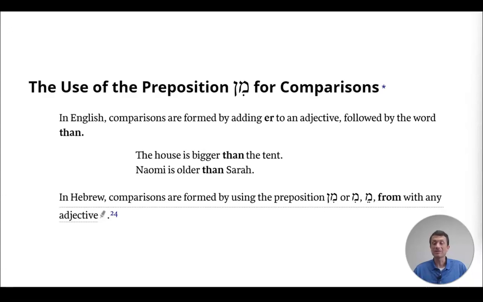In English, we have comparative adjectives, right? We can say something is big, bigger, or biggest. Those are comparative adjectives. Hebrew doesn't have comparative adjective forms. Instead, it uses the preposition min with an adjective. That's how that idea of comparison is communicated.